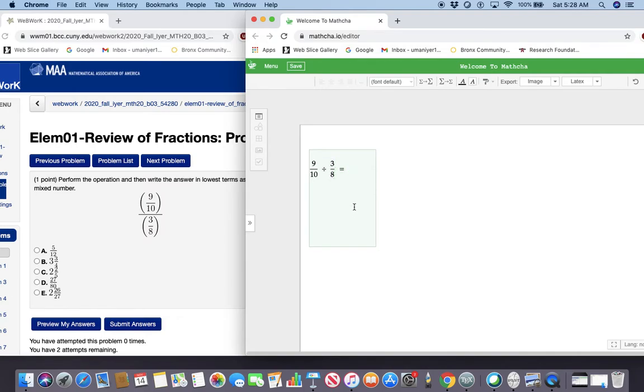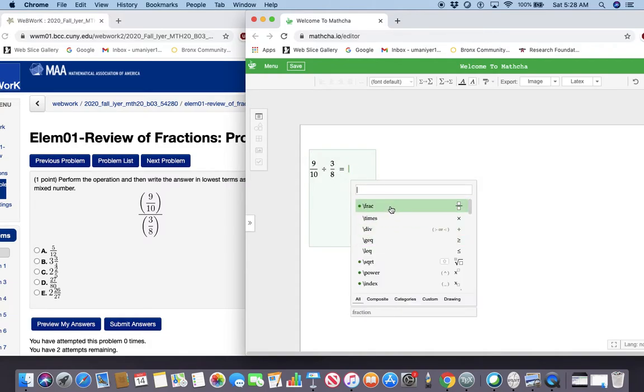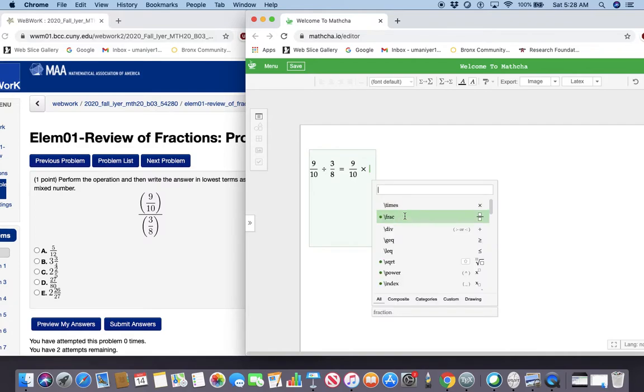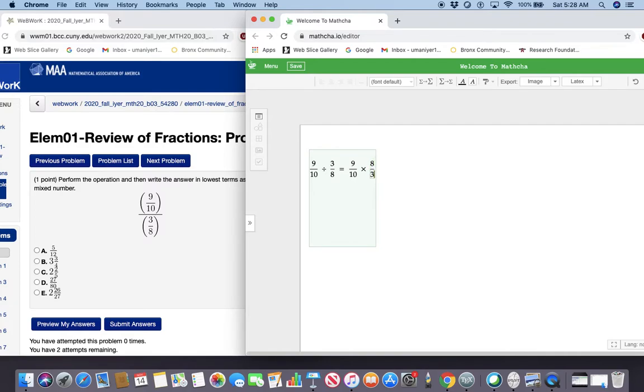Notice, division by a fraction is multiplication by the reciprocal of the divisor. So you take the second fraction and you take its reciprocal, 8 over 3.